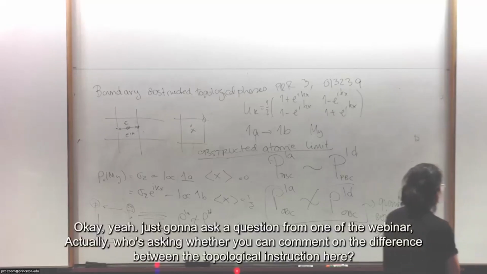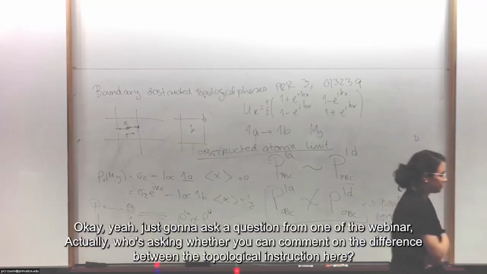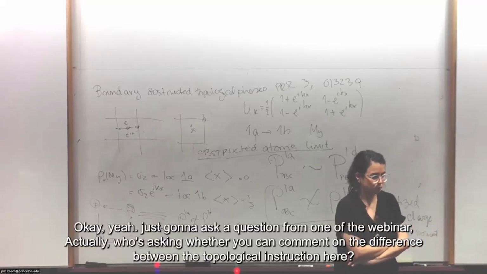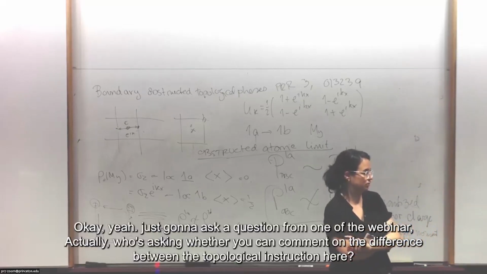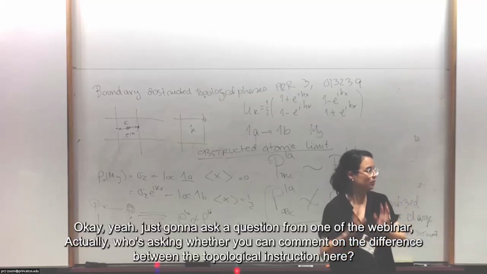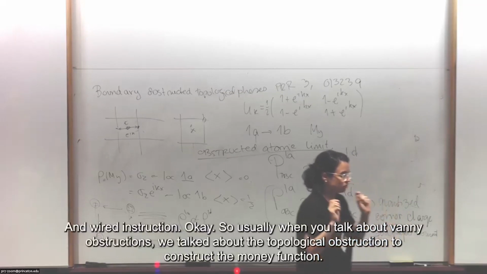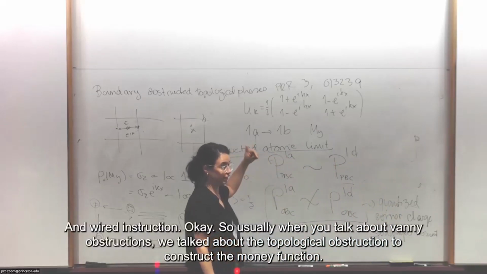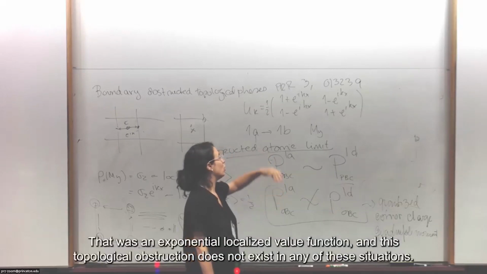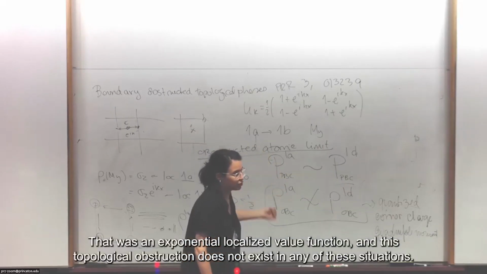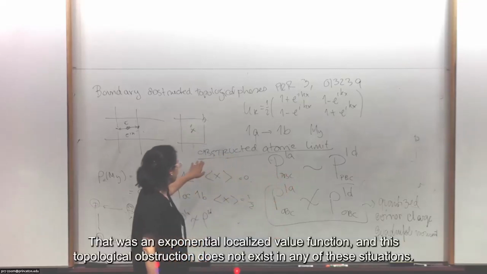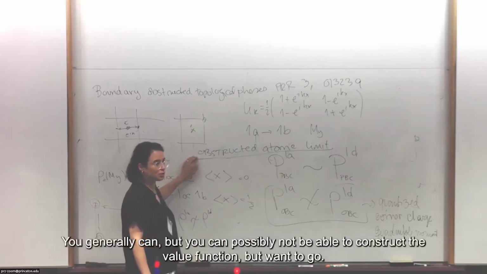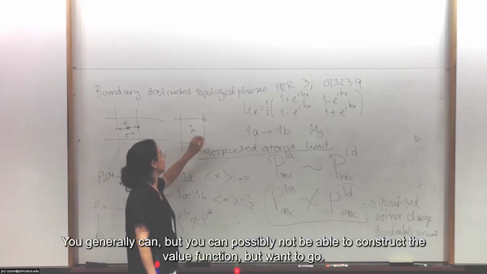Okay, so usually when we talk about Wannier obstructions, we talk about a topological obstruction to constructing a Wannier function, an exponentially localized Wannier function. This topological obstruction does not exist in any of these situations. You generally can, but you may not be able to construct a Wannier function on the position you want. So in an obstructed atomic limit, you can construct an exponentially localized Wannier function, just not on top of the atomic site.